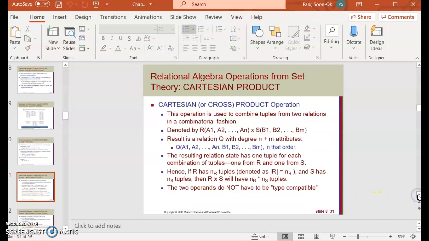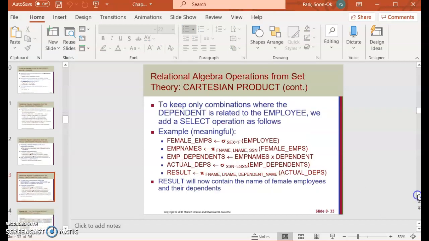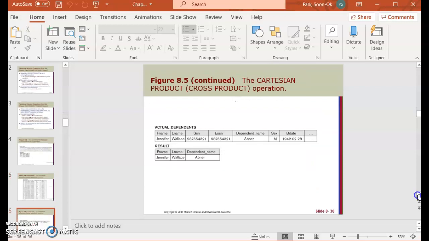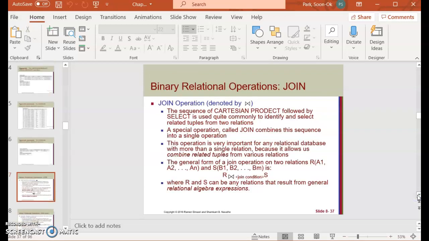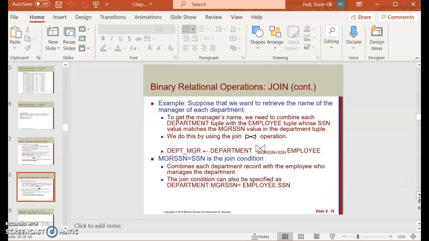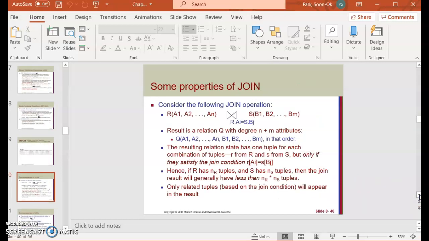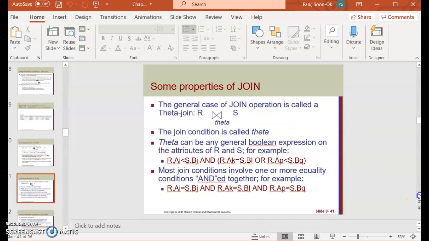The next binary operator is Cartesian product. In this example we apply Cartesian product. Under the Cartesian product, we have a particular joining condition between relations R and S. The join operator with equality applies this.